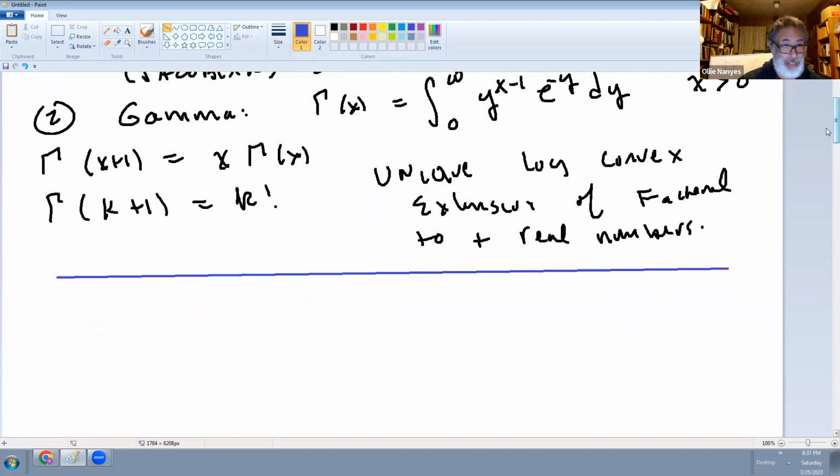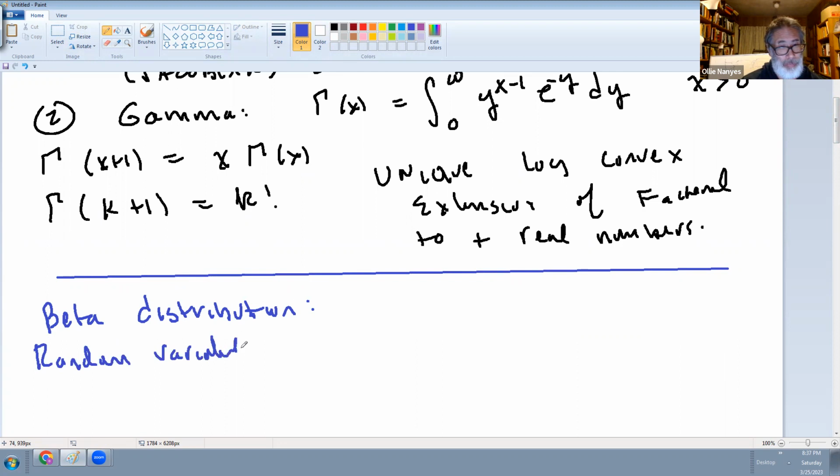Now, the beta distribution, let's get to that. The random variable is y, and it has parameters alpha and beta, real numbers greater than 0.